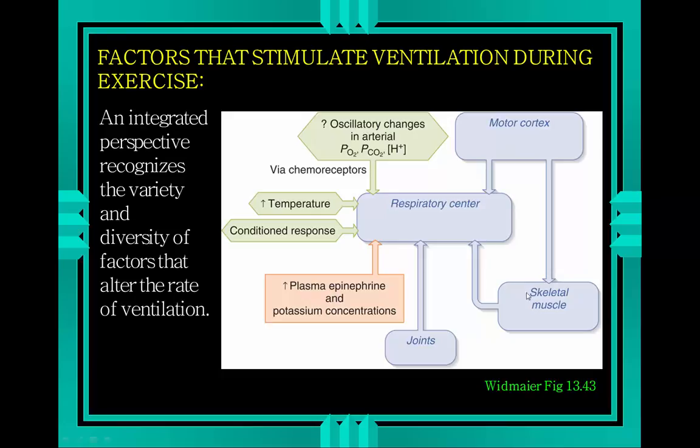Maybe part of that is it's coming from proprioceptive inputs from skeletal muscles. So when your muscles start moving more than they would when you're resting, that stimulates the respiratory center to increase its activity and hence increase your breathing. Maybe it's proprioceptors from the joints as well, so when your joints are moving more than normal, you are getting input to the respiratory centers, stimulating increased ventilation.